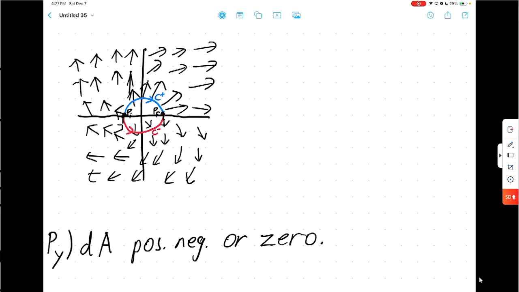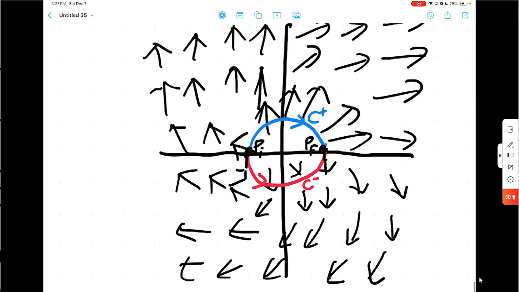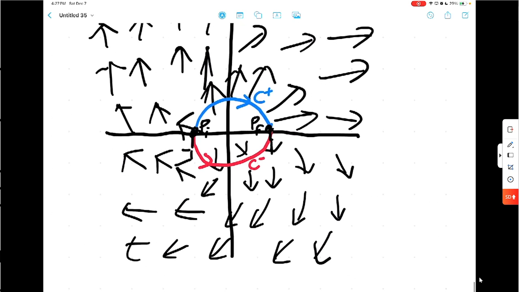So in this case, because of how we defined it, I think it should be 0 if I'm not mistaken, because we can actually find 2 points on every single point such that they'll be negatives of each other.